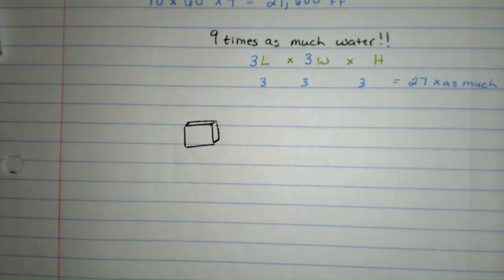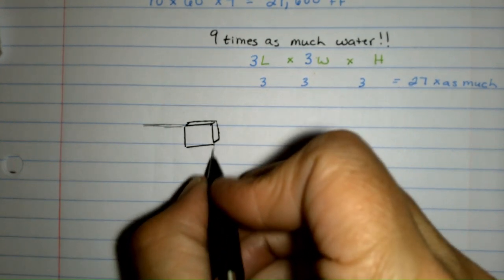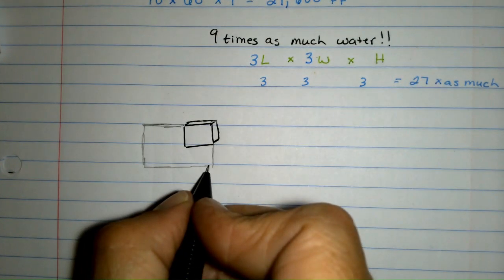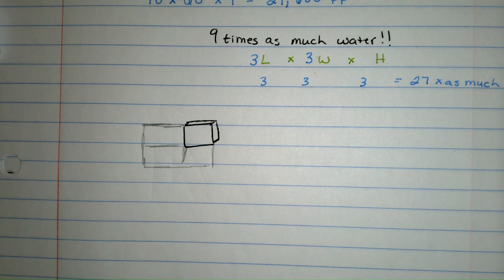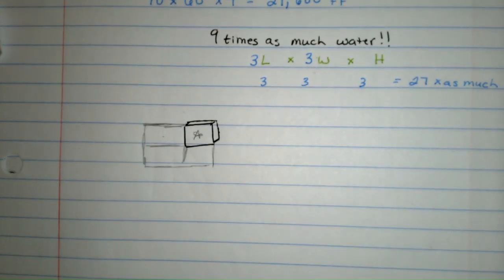But then you decide, hey, I want to double the length and double the width. Whereas once you were just pouring 1 patio, now it's like you're pouring 4. So that's what's going on when we're doing these extra dimensions.